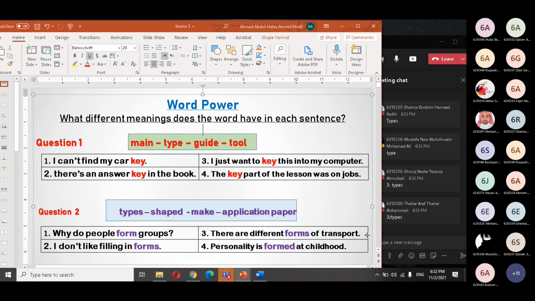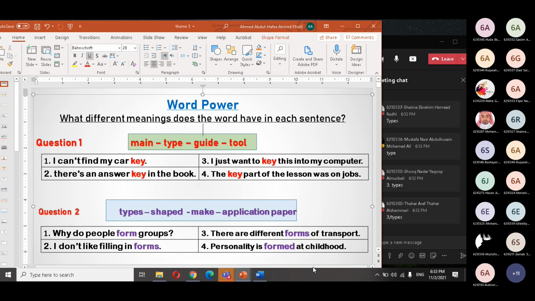There are different forms of transport. Yes, as Dair said, and Shog said, and Mustafa, Shayma, okay? There are different forms of transport, يعني different types of transport. في أشكال للمواصلات، يعني في أنواع للمواصلات. يبقى forms here, there are different forms, mean there are different types of transport.